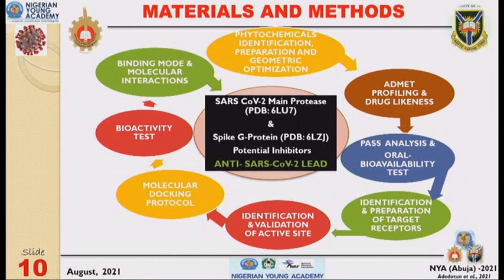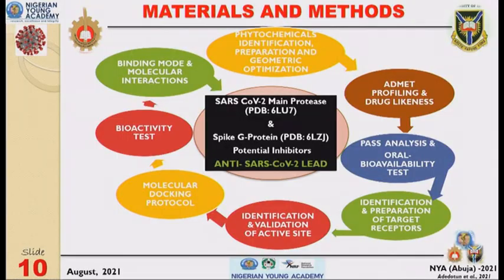It is an online bioactivity analysis that will tell us if a particular compound is active or not, as well as oral bioavailability. And at the end of the day, successful ligands are subjected to our molecular docking studies. So after that, we try to identify our target receptor.